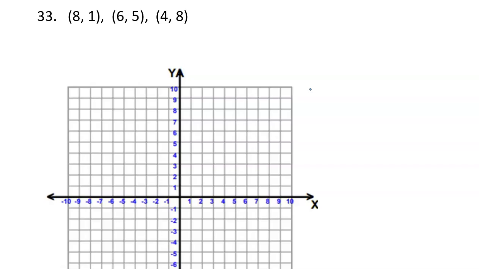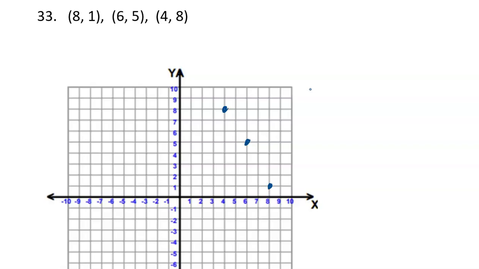On the x-axis, you go to 8 and then go up 1 and put a dot. Where is (6, 5)? On the x-axis, go to 6 and then go up to the 5, which you can read off of the y-axis. Where's (4, 8)? Go to 4 on the x-axis, go up to +8.